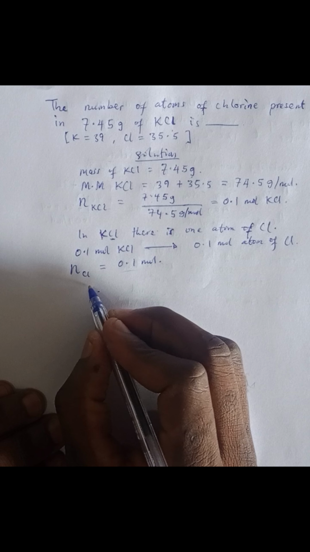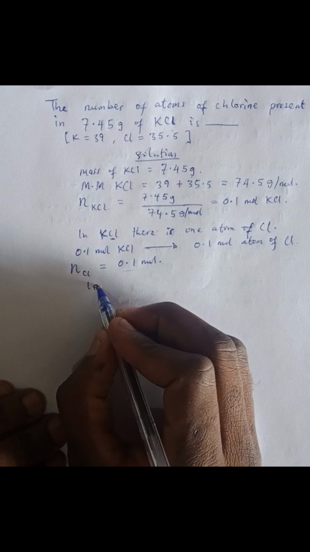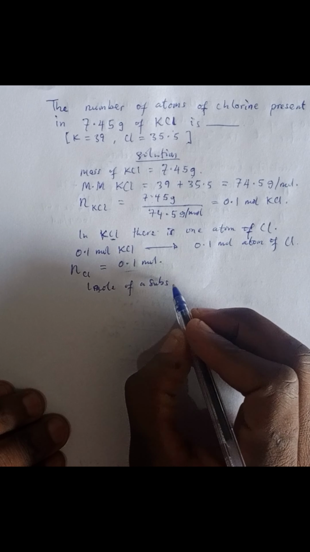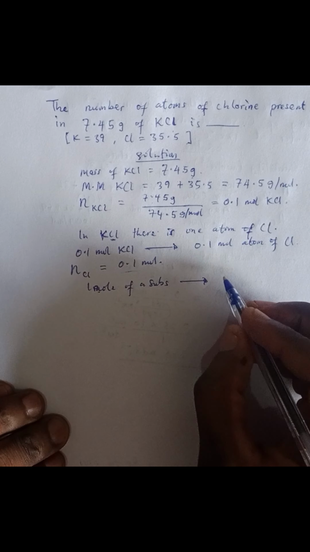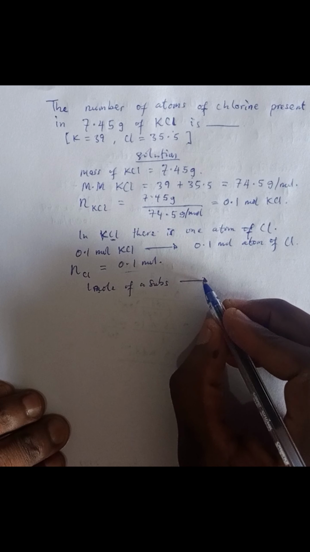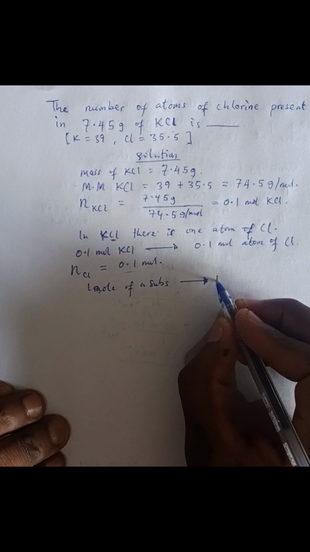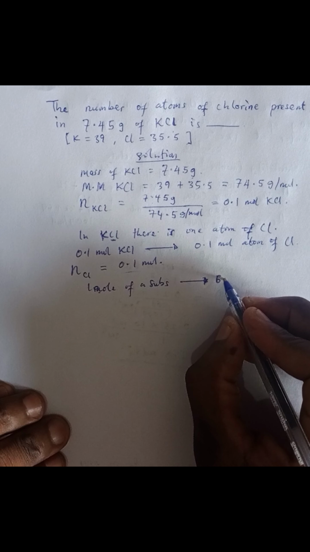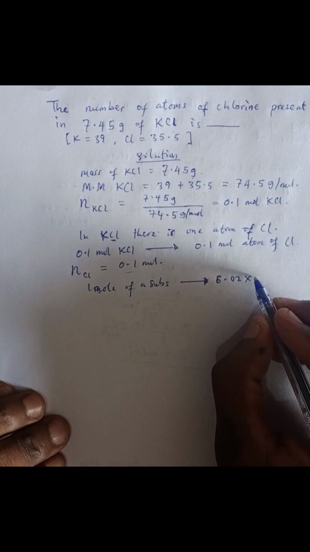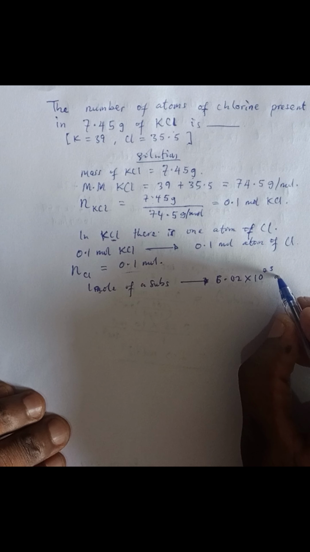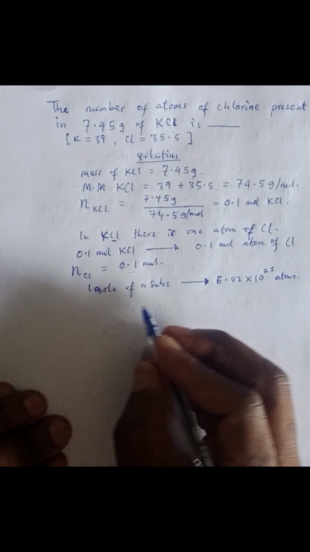You should recall that 1 mole of a substance, or of an atom, will produce 1 Avogadro's number, which is 6.02 multiplied by 10 raised to the power of 23 atoms, provided the substance is an atom.